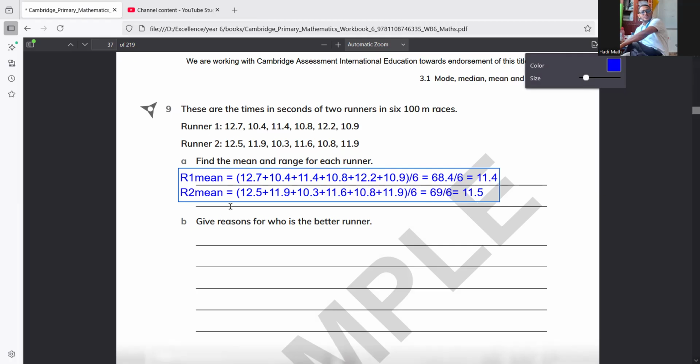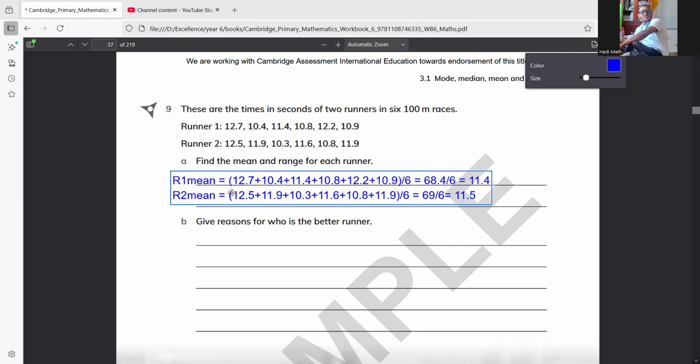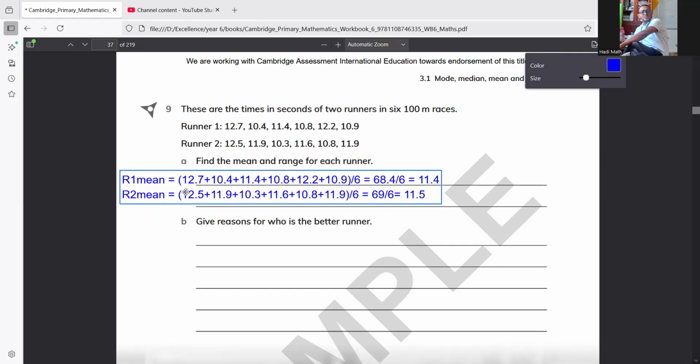Now, you did the mean for runner 1 and the mean for runner 2. Now go and find the range for runner 1.